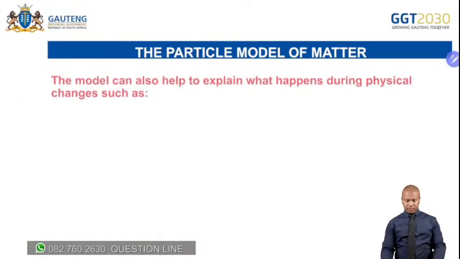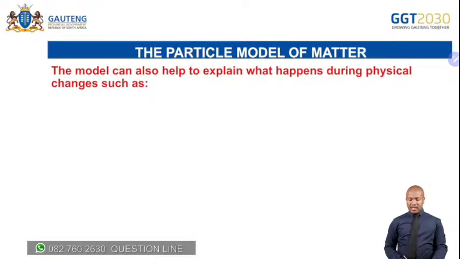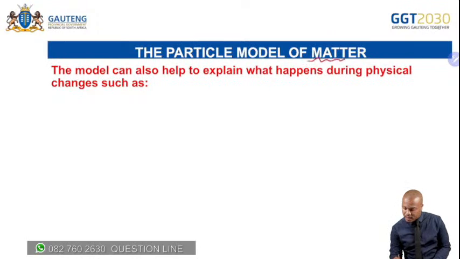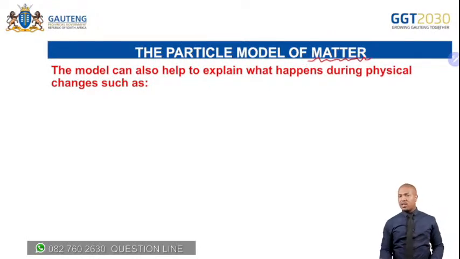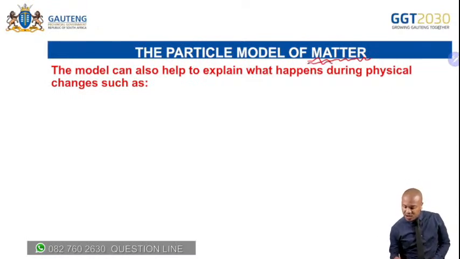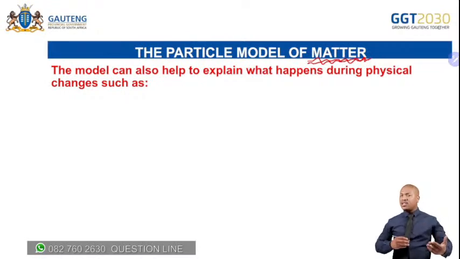Moving on. The model also helps us to explain what happens during physical changes. What are those physical changes? Remember, we're talking about matter, and in our keywords or terminology, we have highlighted some of the physical changes. So we're talking about physical changes of matter from one state to another.